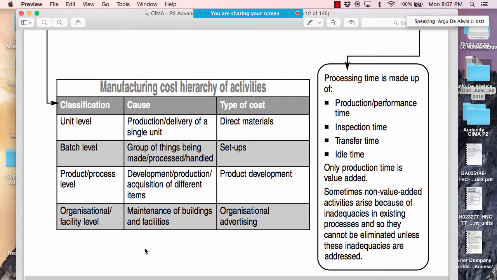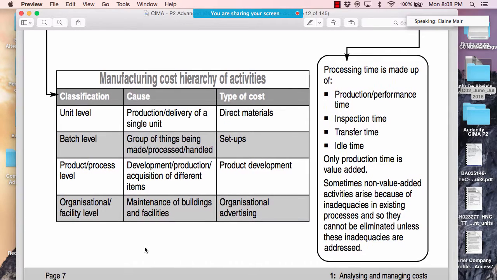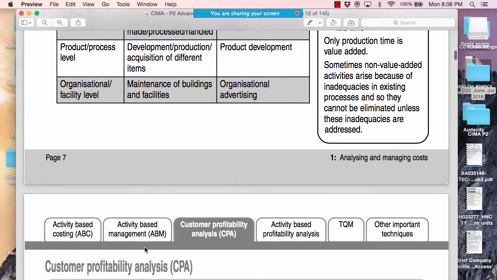Now there are certain words that the examiner is looking for, and you can focus on those and say, right, this is the manufacturing cost hierarchy they're talking about. It's learning to break down the question, to pick out that key word or key thing that gives you the hint for what it is.